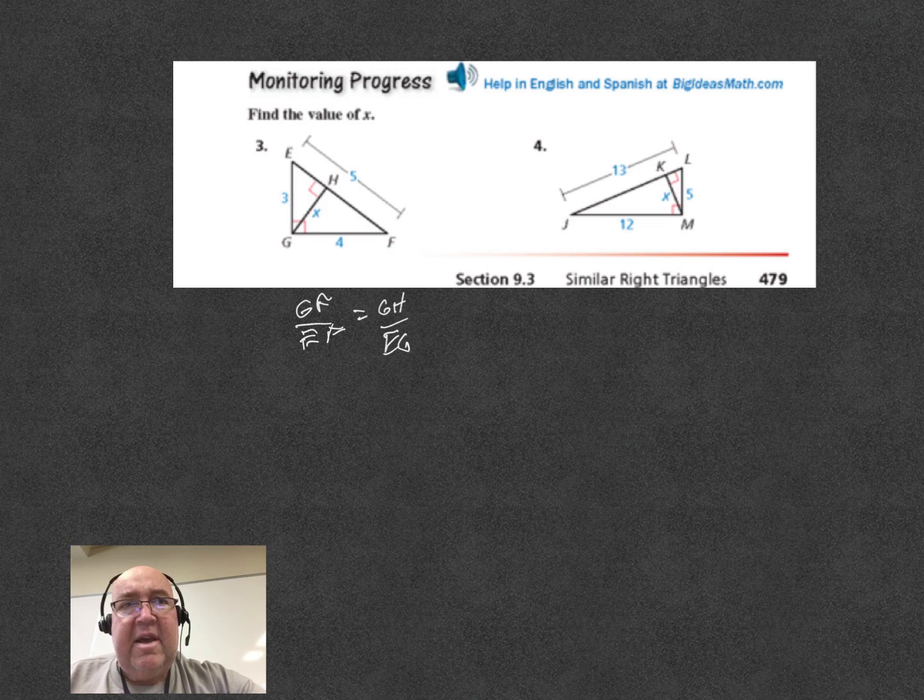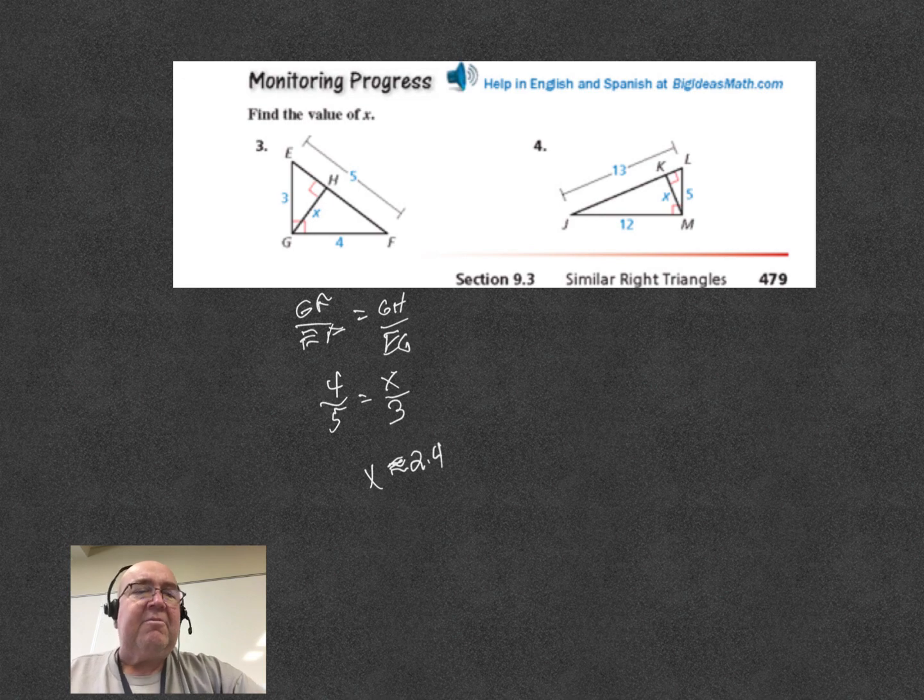So we're going to have 4 over 5 is equal to x over 3. Again, we multiply 3 times 4 and divide by 5, and our x value is 2.4. It actually did equal 2.4 right on. So x is equal in this case to 2.4.